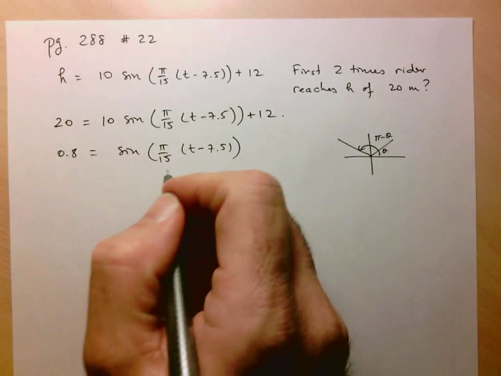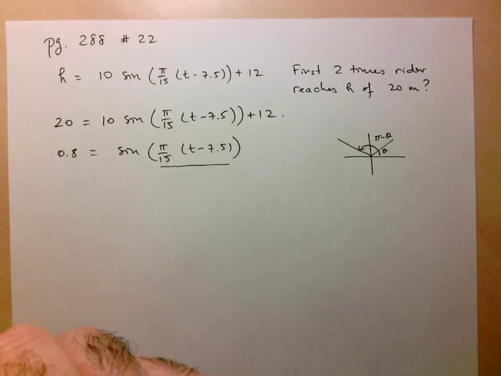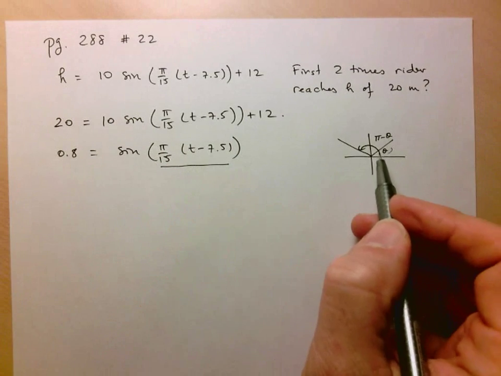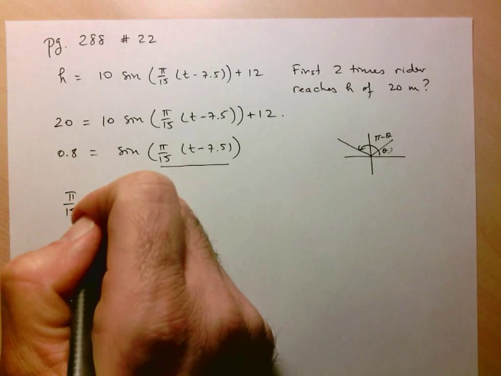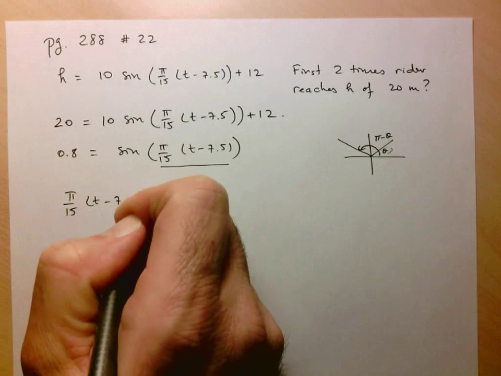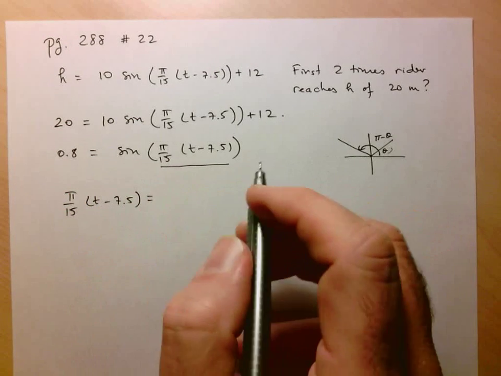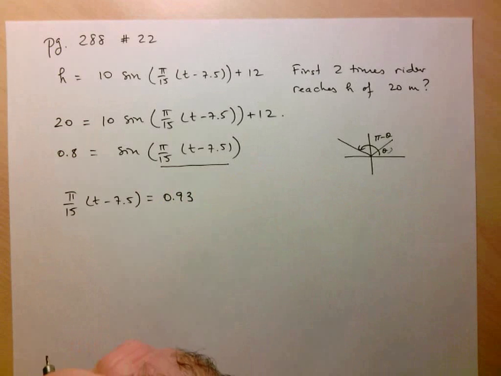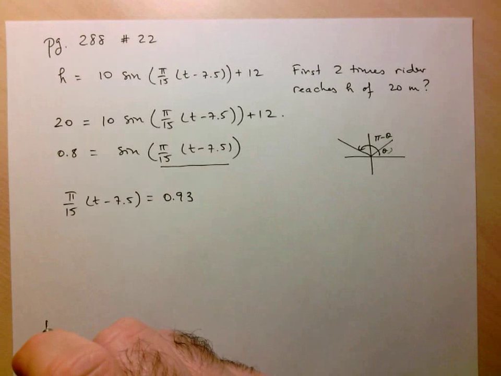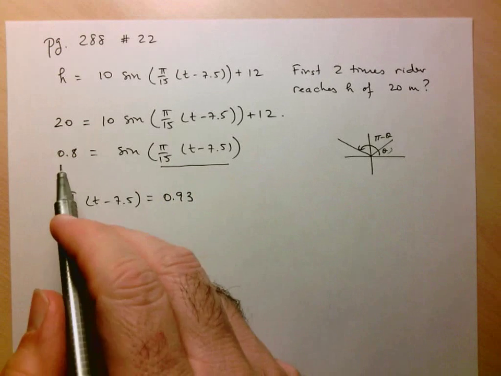So that means this expression here, representing my theta, pi over 15 times (t minus 7.5), can equal 0.93.